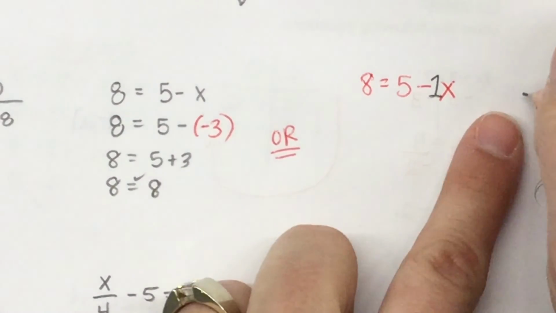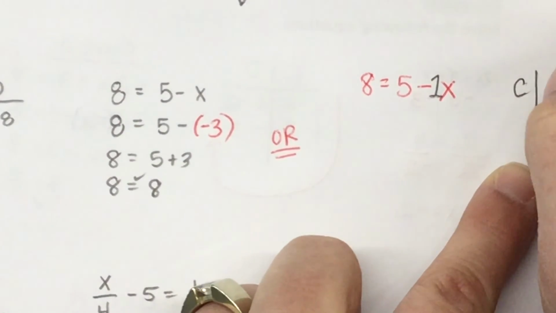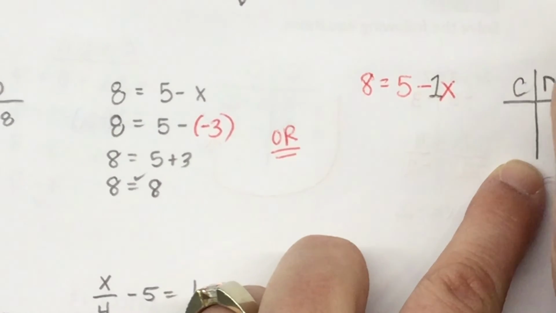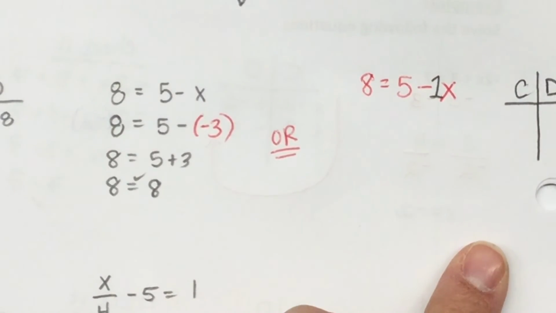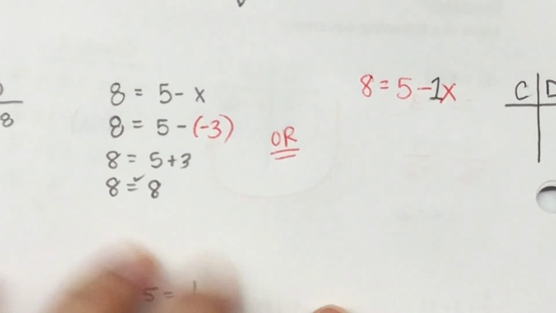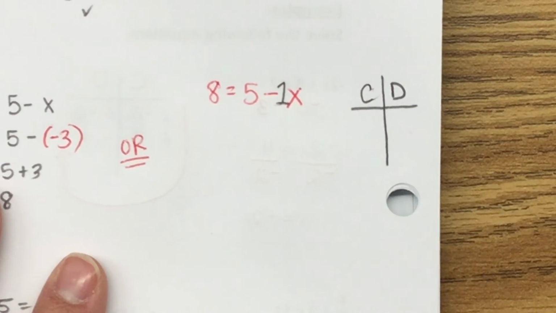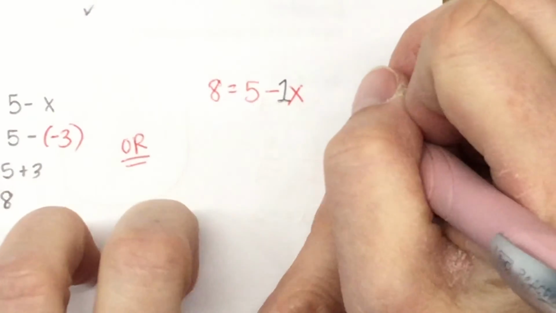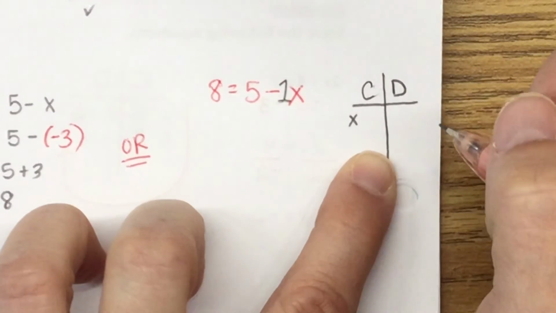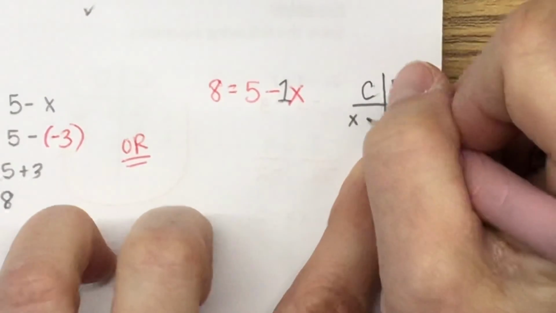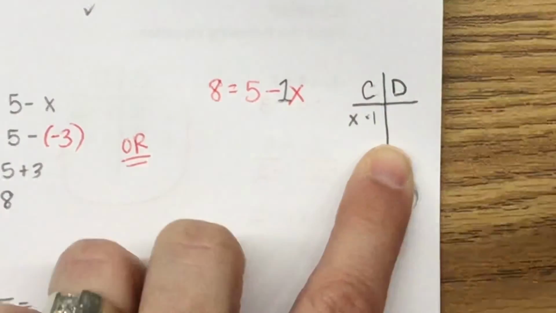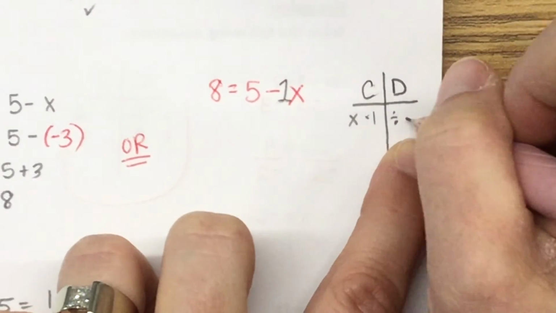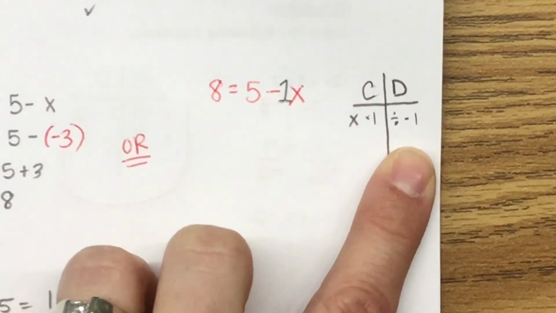So when we do that, and we take a look at what's happening to x, Riley, what's the first thing happening to x? By what? Careful. Yeah, it's being times by negative 1. So when we deconstruct it, we're going to have to divide it by negative 1.